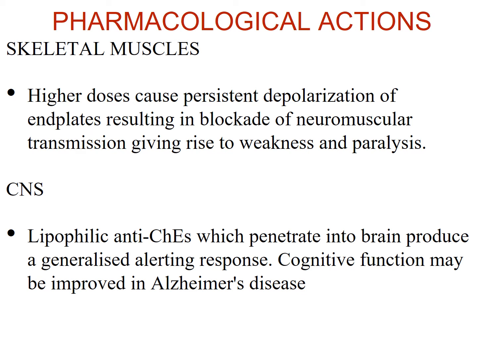And in the central nervous system, the lipophilic ones, that is those which penetrate the central nervous system, produce a generalized alerting response. The cognitive function may be improved in Alzheimer's disease. Further, we will see how these drugs have a role in treatment of Alzheimer's disease.